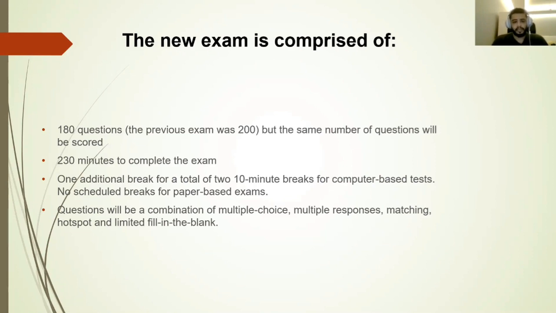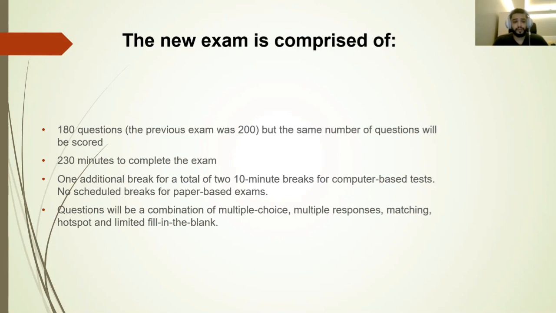That means it is the same as the last exam, but there are 20 fewer questions, and there are 230 minutes to complete the exam. This is the whole time you have, with one additional break for a total of 2 10-minute breaks for a computer-based test, and there is no scheduled break for a paper-based exam.